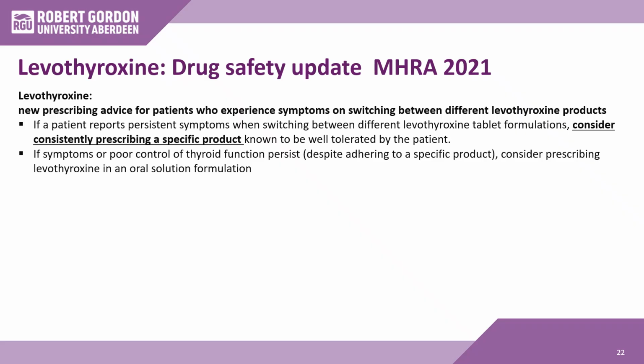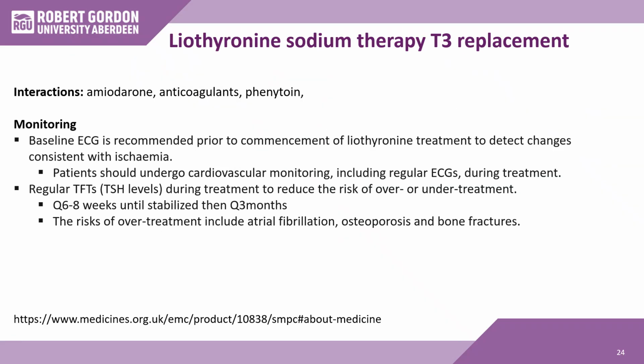I know this happened when people were on the same dose and were stabilized on it, and then maybe a generic switch occurred and some people ended up losing that control. If symptoms of poor control of thyroid function persist despite adhering to a specific product, consider prescribing levothyroxine in an oral solution formulation. That's what the MHRA recommended back in 2021.